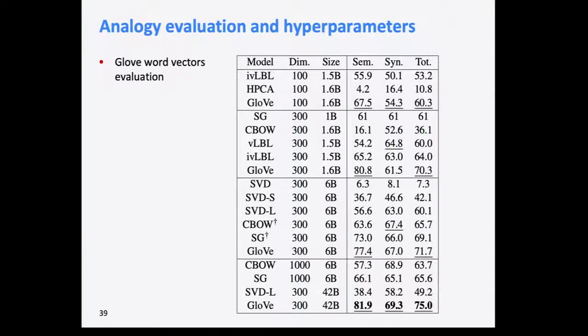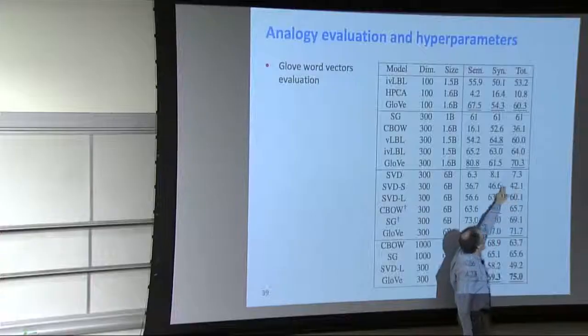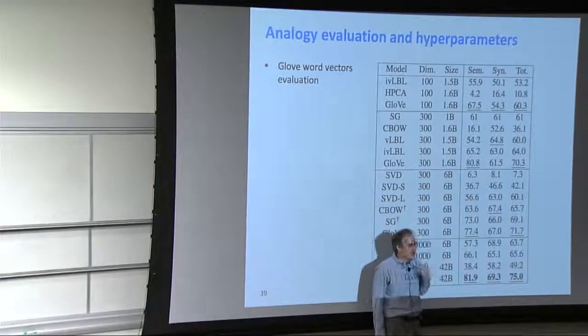Here's a big table of results that comes from our GloVe paper. Not surprisingly, GloVe performed best in this evaluation because it was our paper. But perhaps the thing to start to notice is, if you just do a plain SVD on counts, that works abominably badly for these analogy tasks.